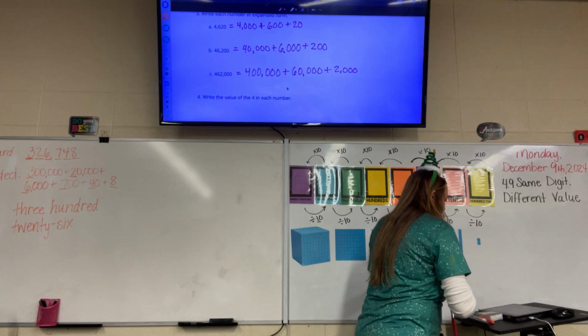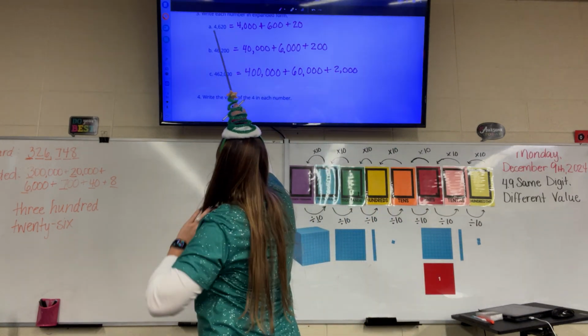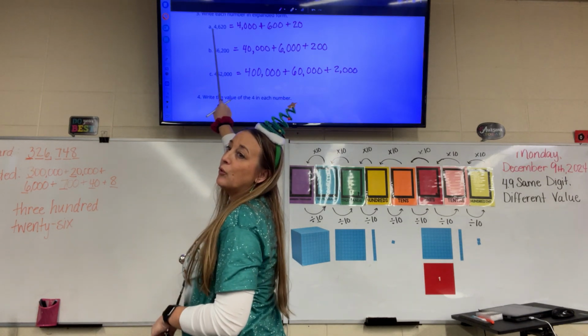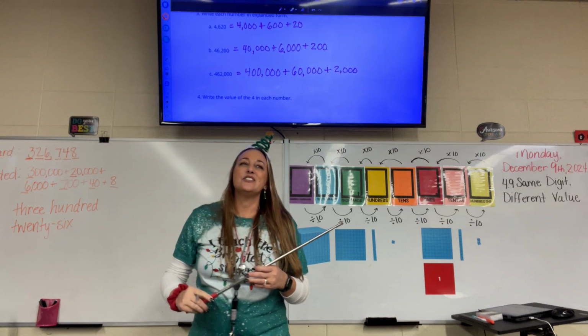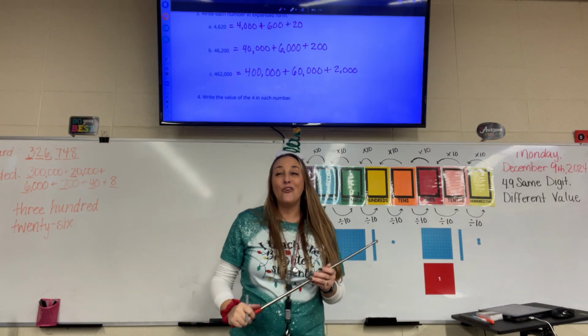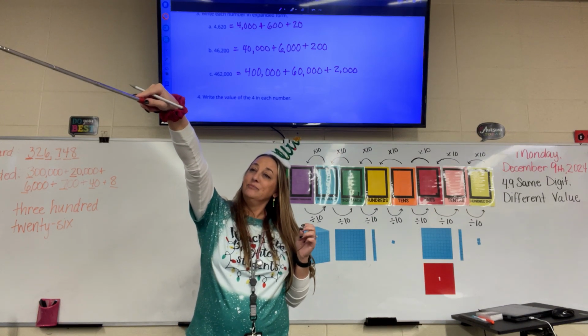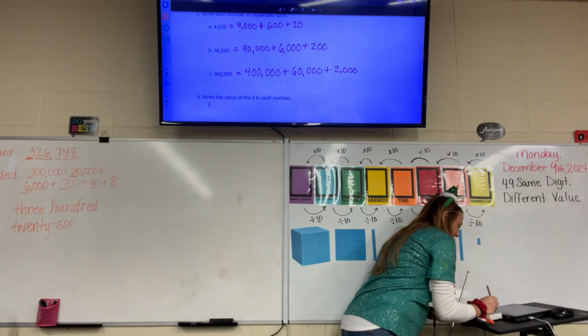It says write the value of the 4 in each number. So what's the value of this 4, everybody? 4,000. No. 40,000. No, 4,000. Okay, let's try that again. It's a 4 in the thousands place. So Devin, decompose, what would it be? 4,000. Yes, sirree. 4,000.